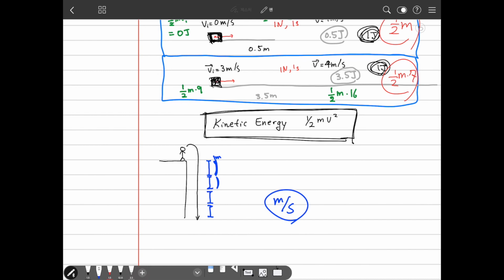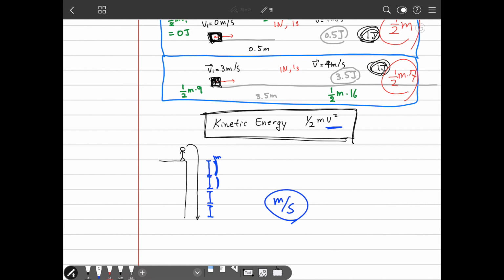So it only makes sense for kinetic energy to be v squared, since as the velocity gets bigger, acceleration won't be very effective on the same distance.